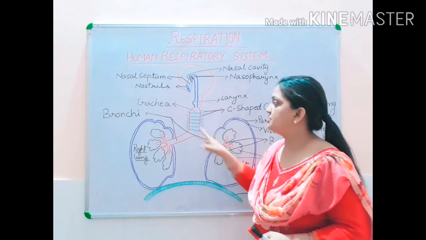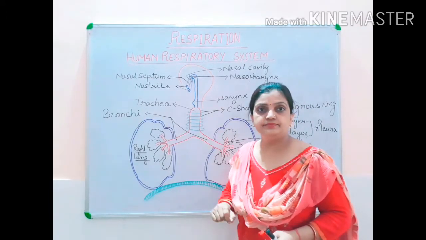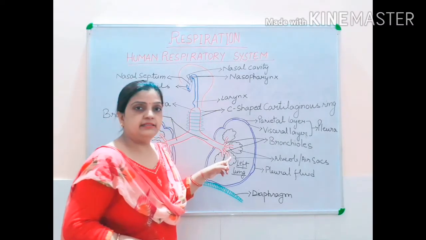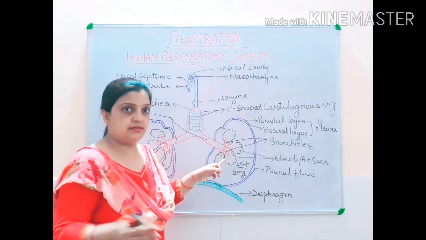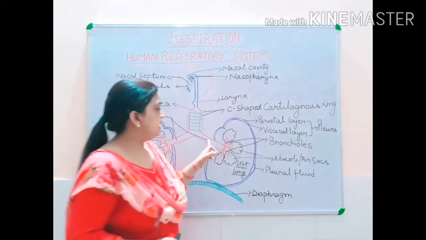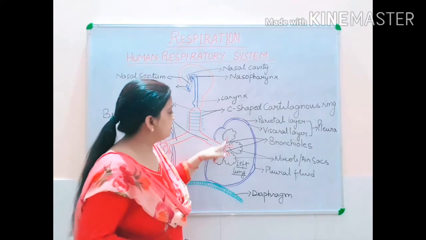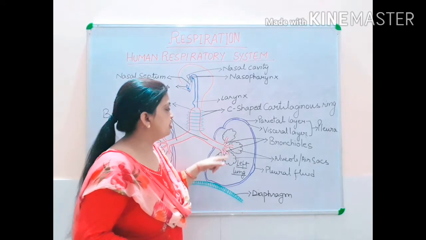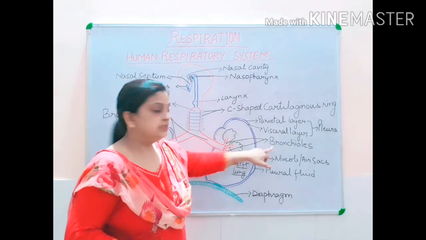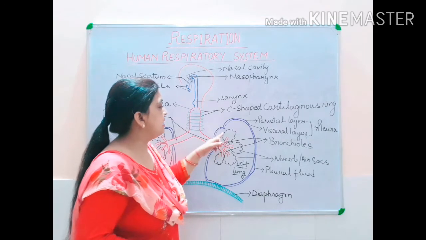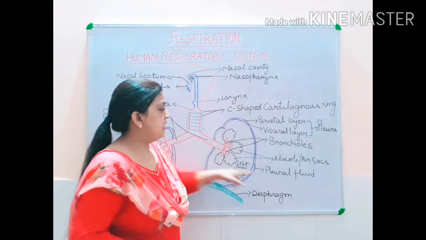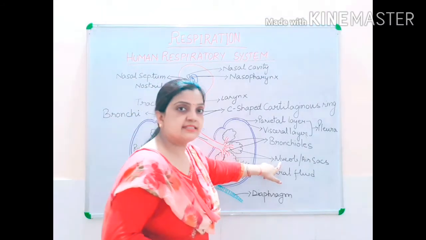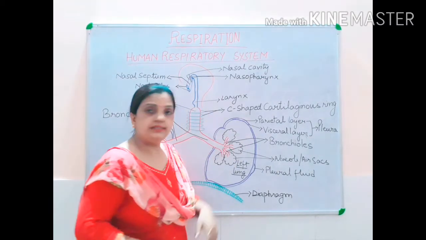These two branches are called bronchi. As I told you a few minutes back, these bronchi divide into fine tube-like structures called bronchioles. Now these bronchioles are enclosed by alveoli, which you used to call air sacs. So these are your alveoli.